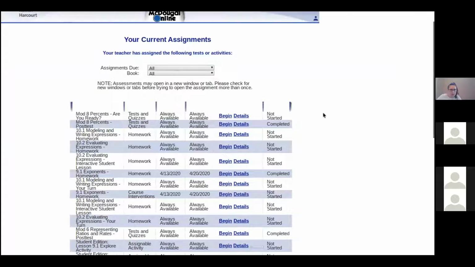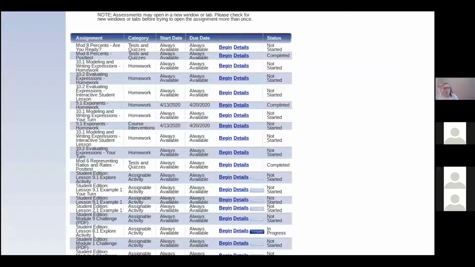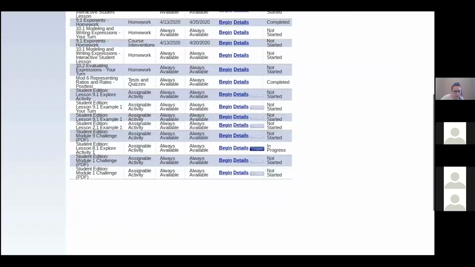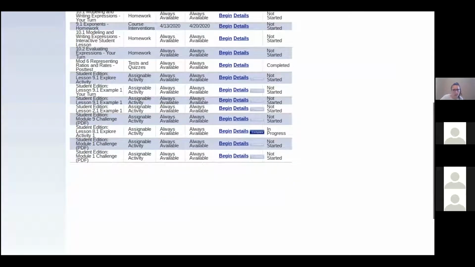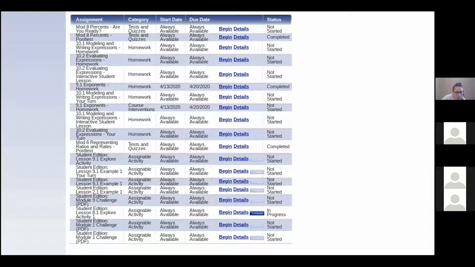Okay, so when that opens up, you're going to see the mod 8, that's old. You're going to see the mod 10s. All right, so looking at the bottom, if you can scroll down for me, sir, where it says 9-1. Looking from the bottom up, let's count together: 1, 2, 3, 4, 5, 6.